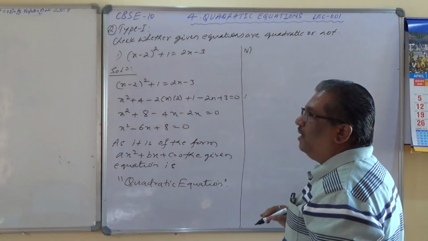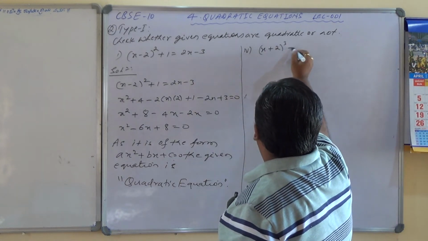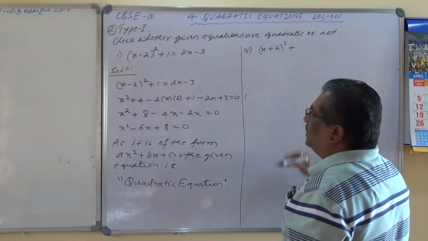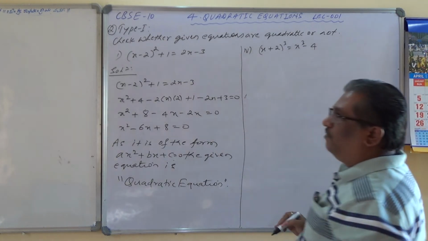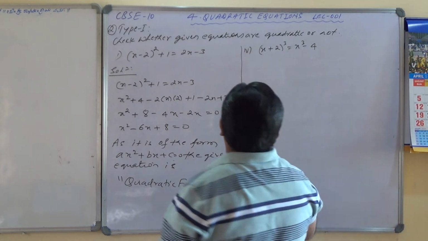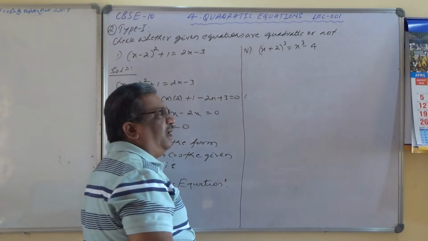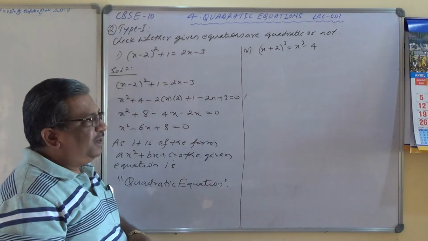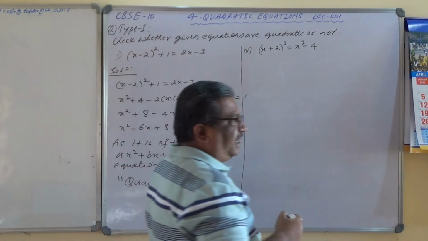Question number 4. (x plus 2) the whole cube equals x cube minus 4. So let me try to simplify and see. (A plus B) the whole cube is A cube plus B cube plus 3B into bracket A plus B. So I hope all these identities you know.